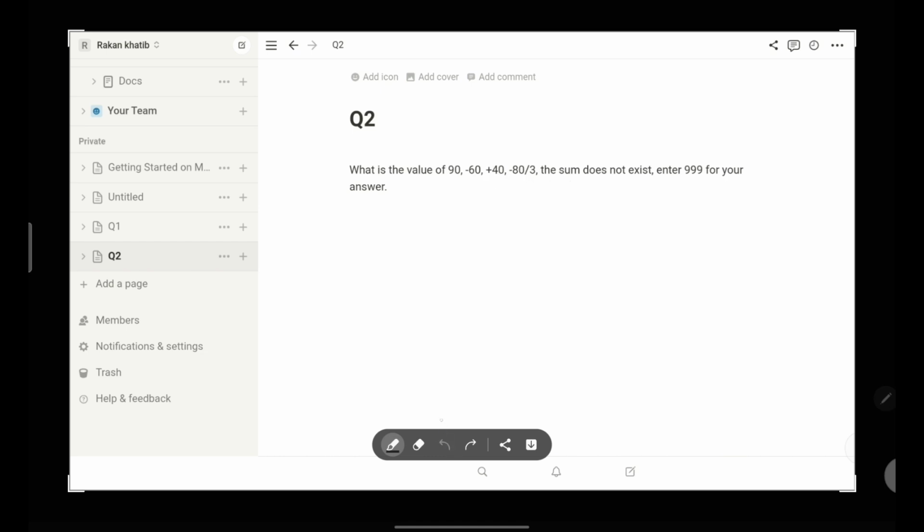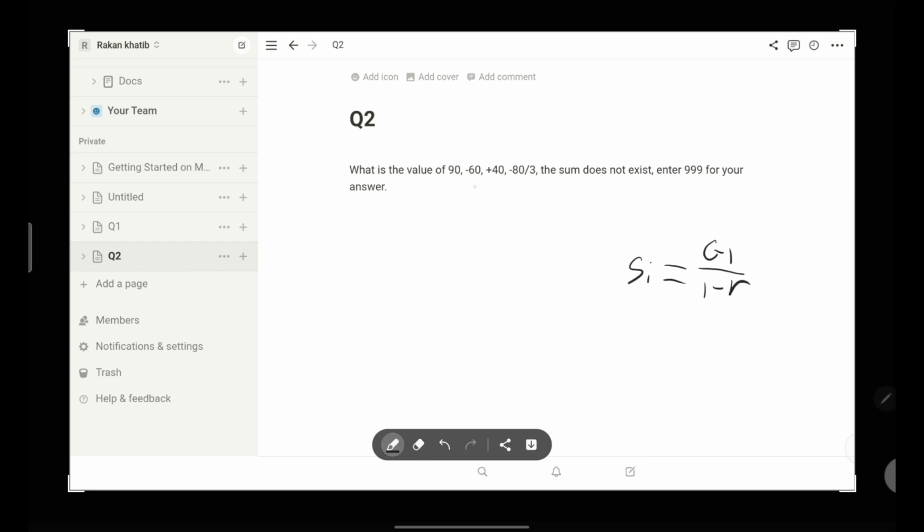And for sum to infinity, the formula is G1 over 1 minus R. It's as simple as that. So in this case, let's find the unknowns first. G1 is easy, it's the first term in the geometric expression, that's 90. R is really easy to find.